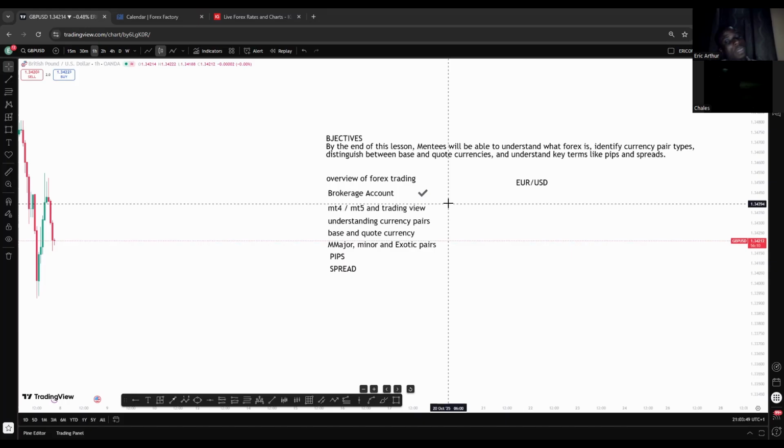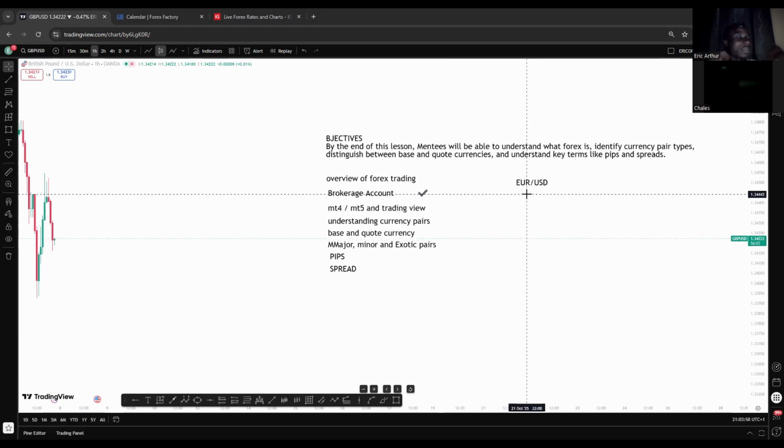So the broker acts as an intermediary whenever you are buying. The broker is there to execute it for you. If you are buying, they will match you to the seller.